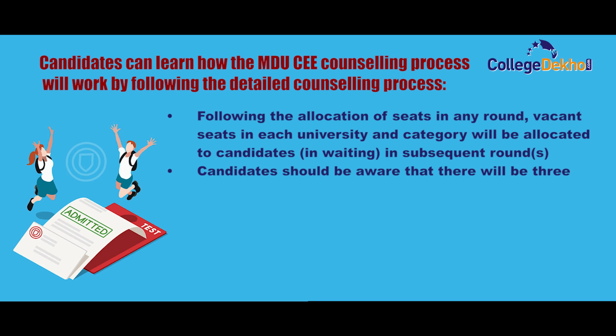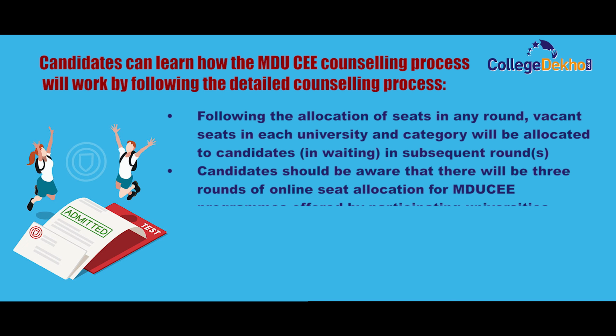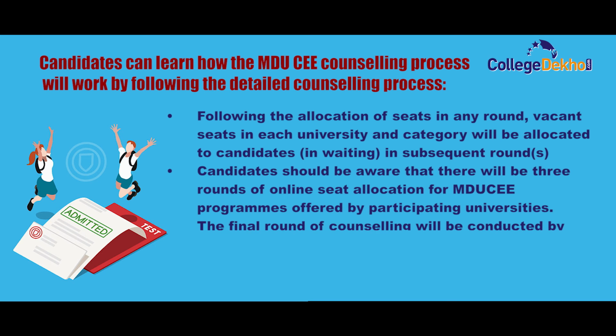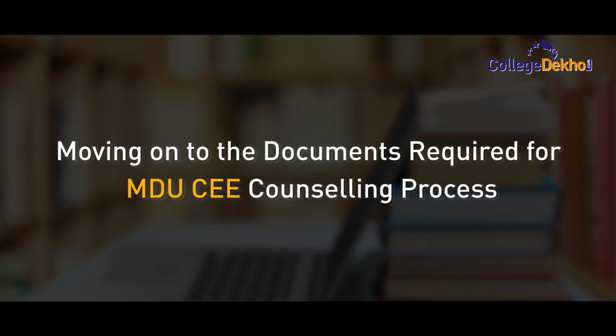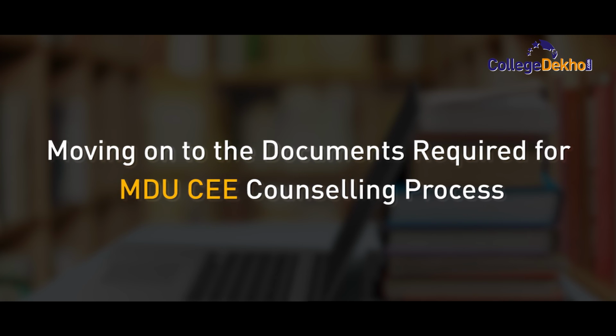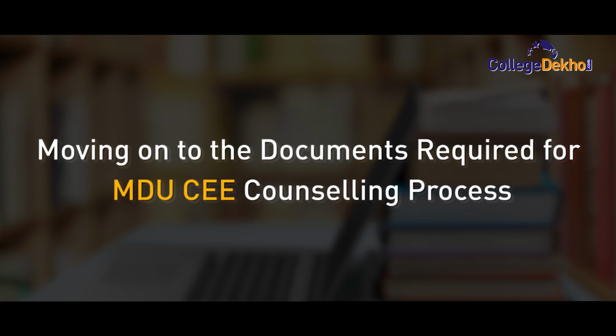Candidates should be aware that there will be 3 rounds of online seat allocation for MDU CEE courses offered by participating universities. The final round of counseling will be conducted by the respective universities as physical counseling for any vacant seats. Moving on to the documents required for the MDU CEE counseling process.